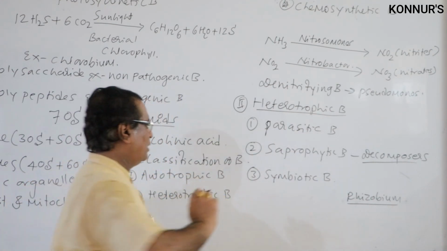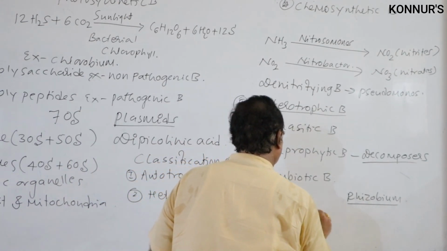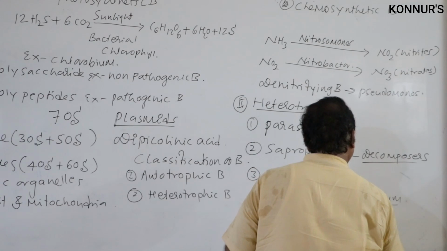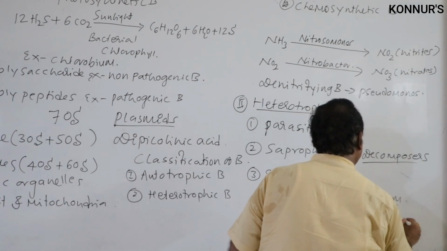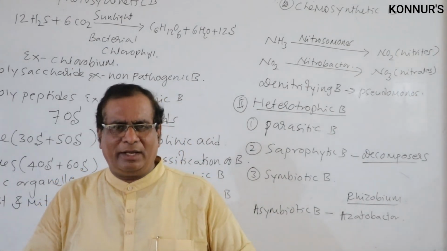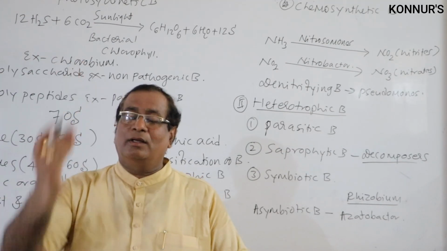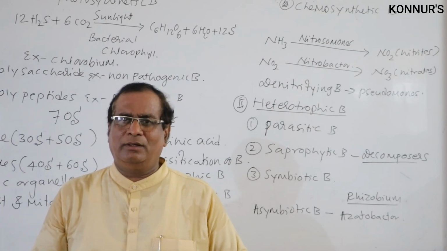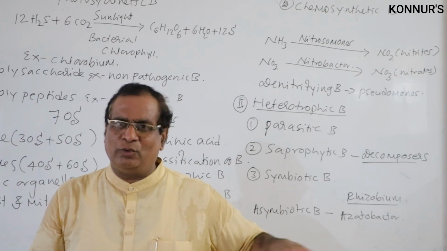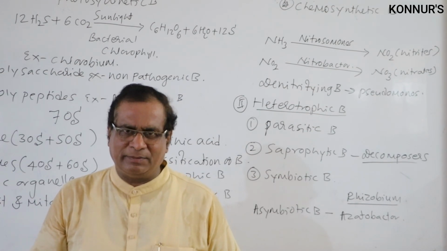An example for asymbiotic bacteria is Azotobacter. Remember this bacteria. It is there in soil and is not dependent on plants for its food, but it fixes atmospheric nitrogen, converts it into nitrate and supplies that nitrate to the plant.